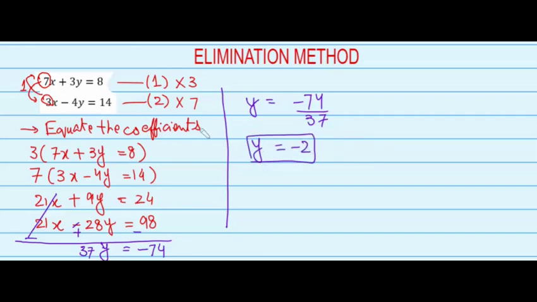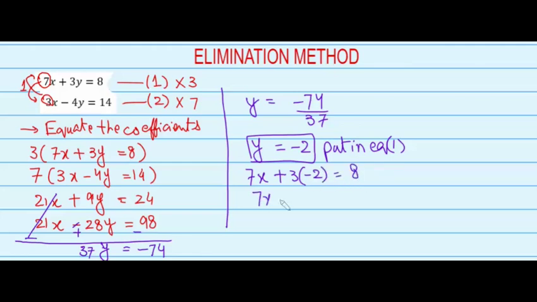Now we can find the value of x by putting this value of y in either the first equation or the second equation. So I'm putting this in the first equation, right? So 7 times x as it is, and plus 3y. 3y means 3 times y, which is minus 2, and equals 8.